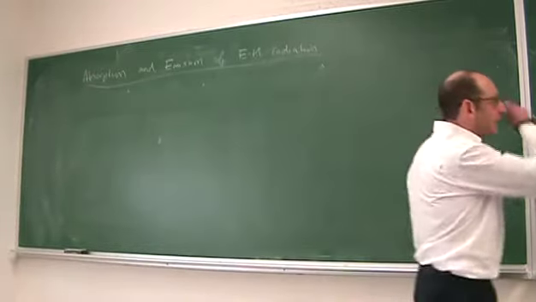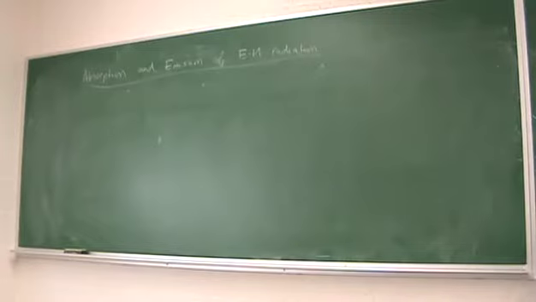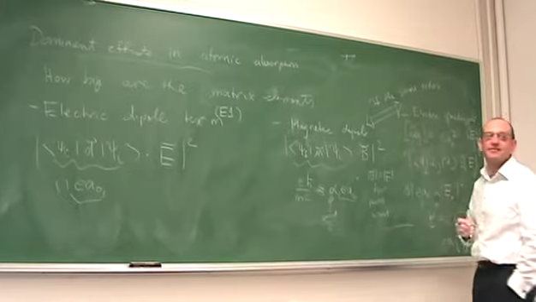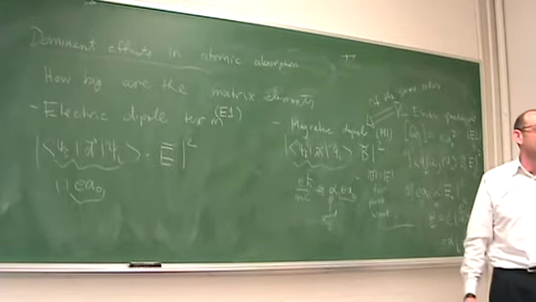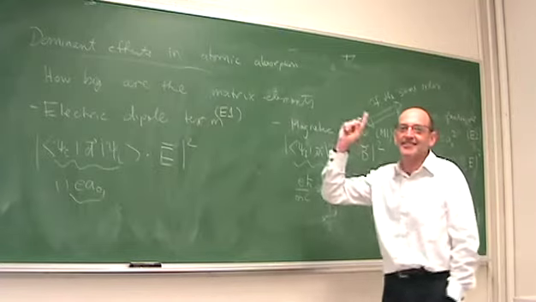I should say there's a little other jargon here. One talks about these transitions as electric dipole is E1, electric quadrupole is E2. Magnetic dipole is M1. So one has this jargon here.